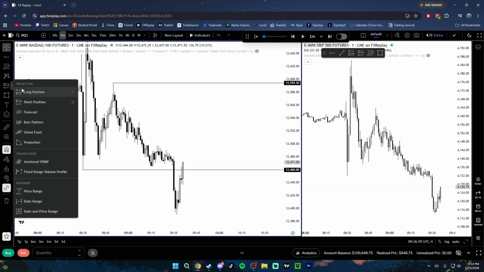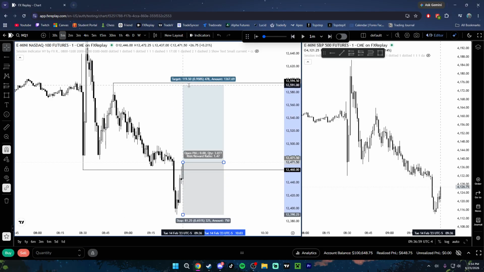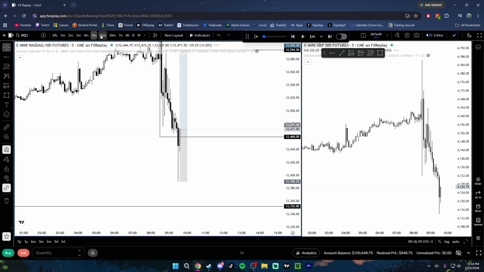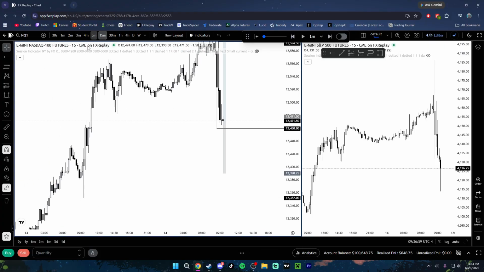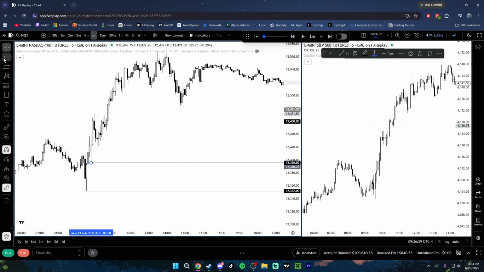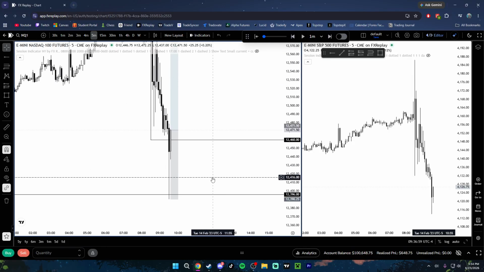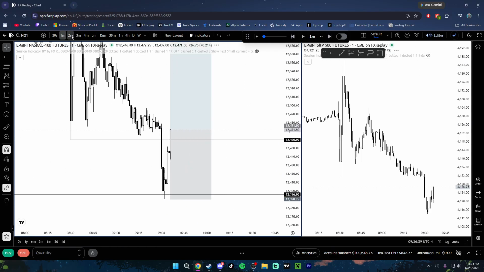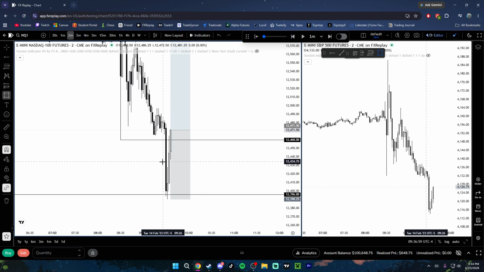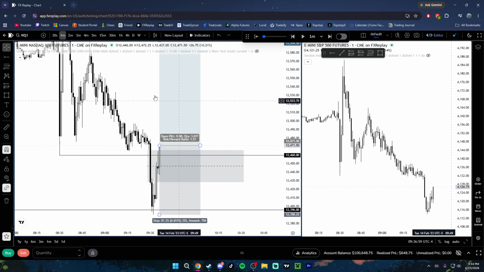Alright, beautiful trade right here. Then we're delivering from this liquidity over here, under this. Got a strong reaction from it. 2 minute inverse. And we'll break even.